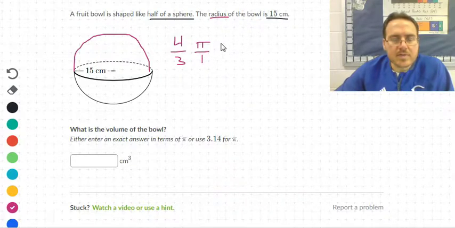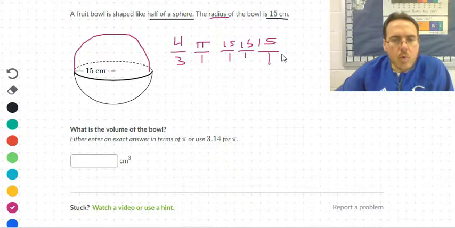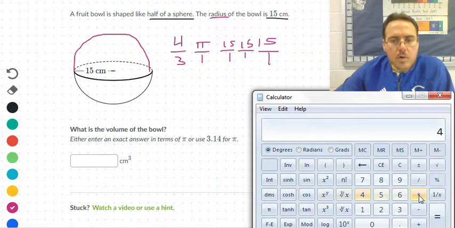The radius is 15, so it'll be 15 over 1, 15 over 1, 15 over 1. 4 times 15 times 15 times... Whoa, that's a 5. Please catch yourself when you make those mistakes. Okay, let's start that over. 4 times 15 times 15 times 15.